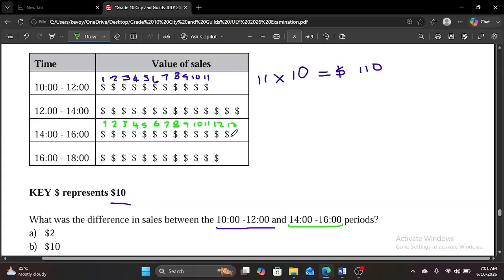All right, because there are 13 symbols right there, we're going to multiply that 13 by 10, and that will give me $130.